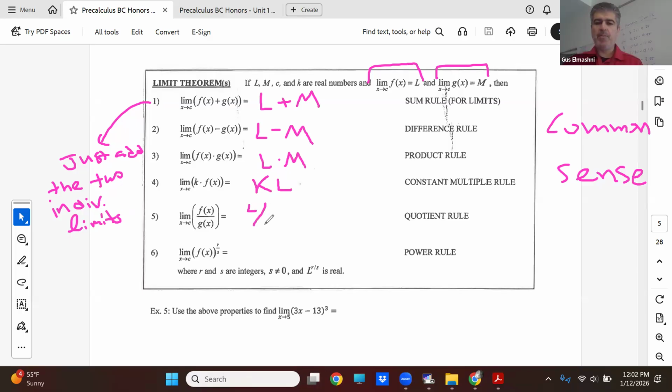Or divide them. Granted, we don't want M to be equal to 0. Or if raising to a power, raise the power. Not a big deal.